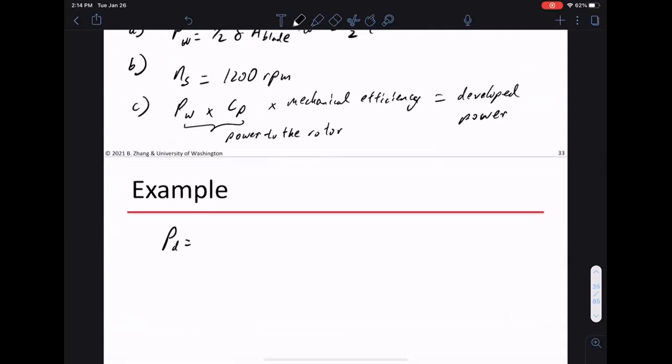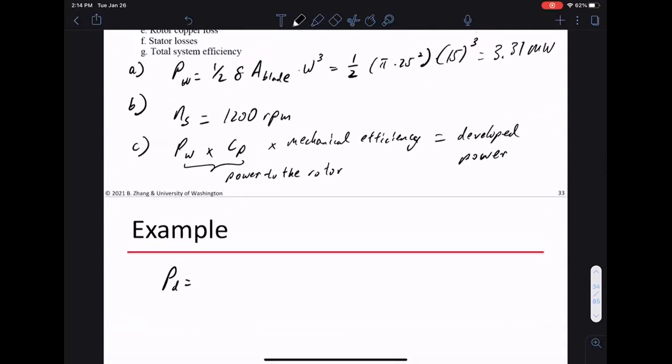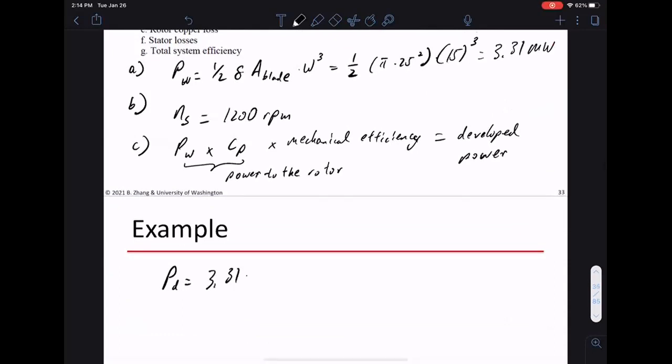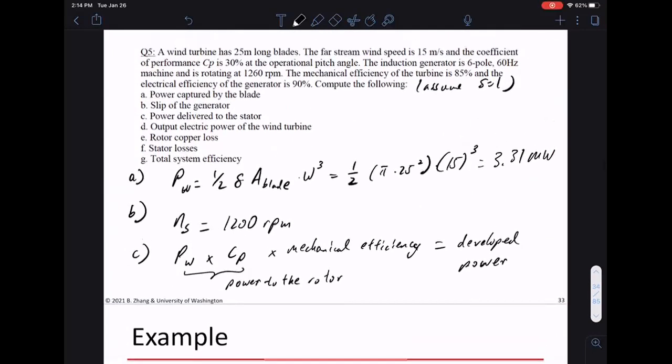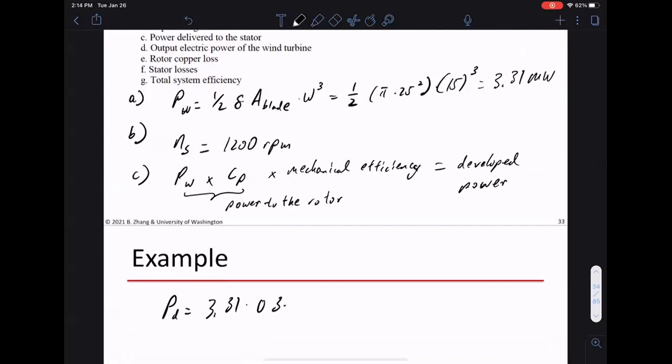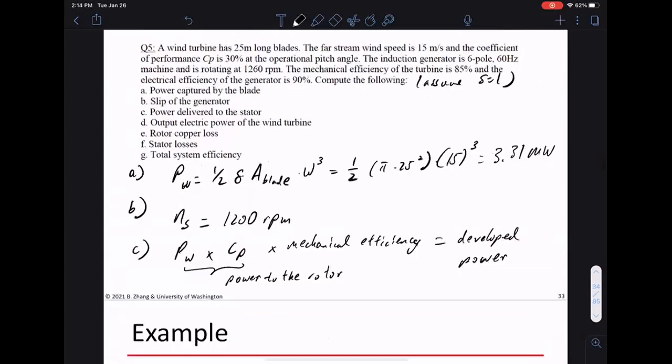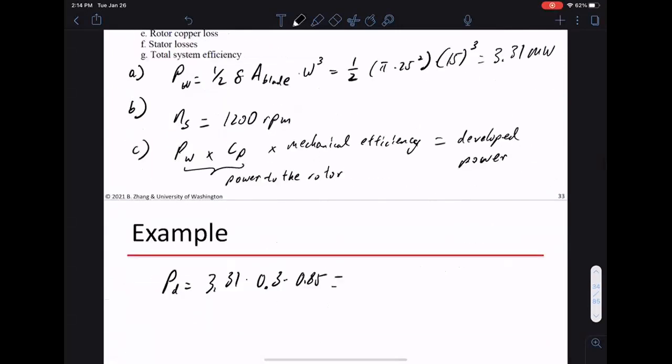The developed power is my 3.31 multiplied by CP, 30%, multiplied by 0.85, my mechanical efficiency. This is my developed power: 844.05 kilowatts.